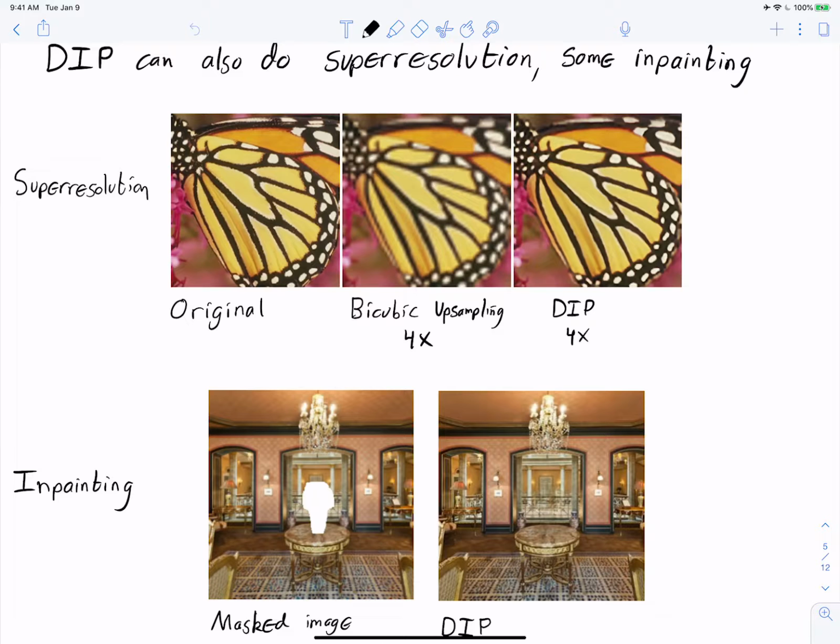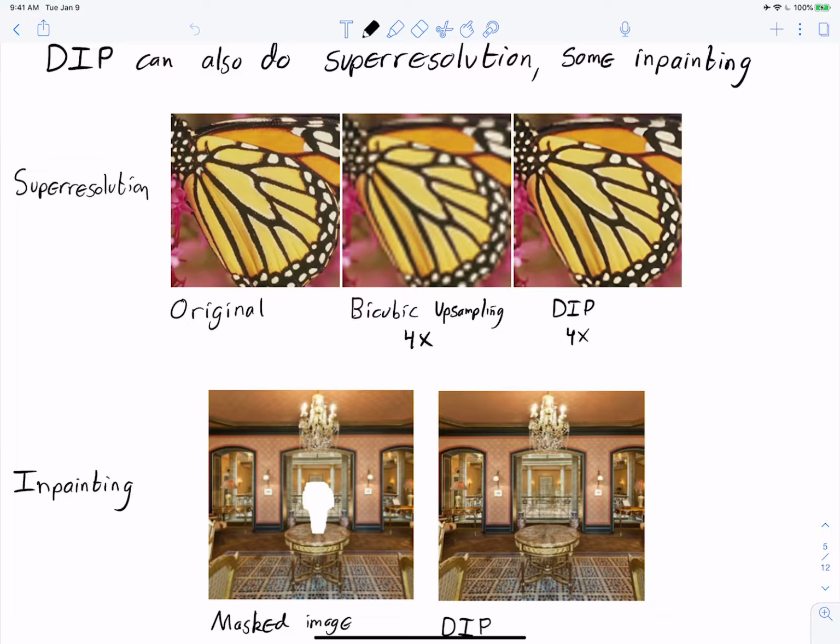The DIP could also be used for inpainting, and here's an example of that, where there's a picture of a room with a vase missing, and then the DIP was asked to fill in that vase, and indeed it does a pretty good job and fills in the railing that's behind this table in the image in a credible visual way.